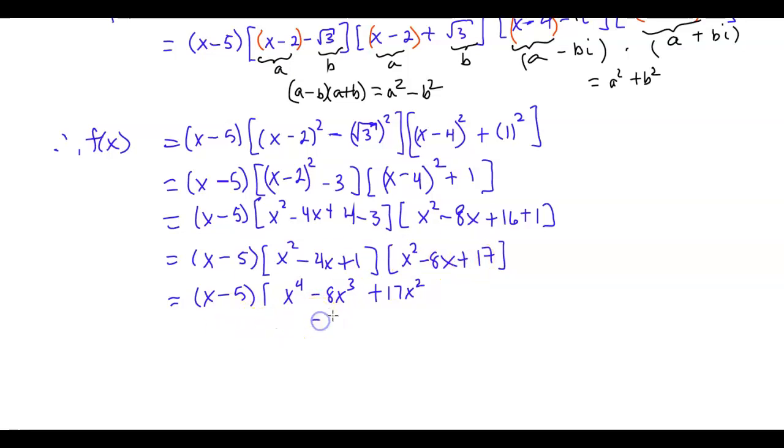So I'm going to get a negative 4x cubed, positive 32x squared, and it's going to be a negative 68x. And then multiply 1 by all this, which is just going to give me plus 1x squared minus 8x, and then plus 17.